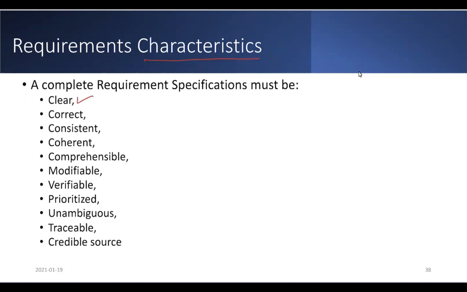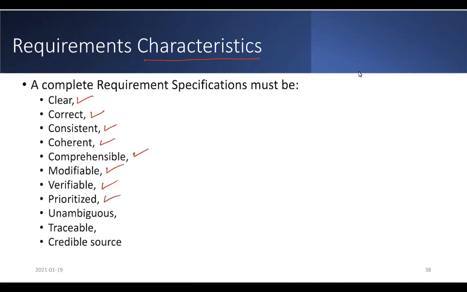We are looking for clear requirements, correct requirements that are consistent, requirements that are coherent and comprehensive, and requirements that are modifiable. It's easy for me to modify the requirements if there are any changes in the environment. Requirements should be verifiable, or at least verifiable. If you can verify it, that makes the requirement of high quality.